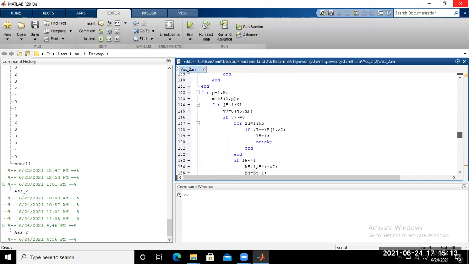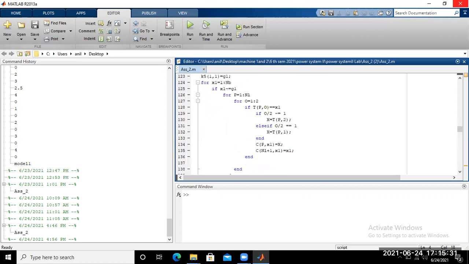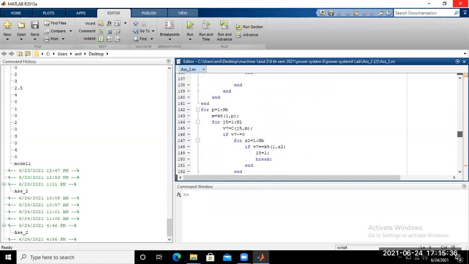Okay, so 1 5 equal to 1, so break, otherwise break the loop or the next one is your int. Okay, so if 1 5 equal tends to 1, that means number of 5 buses. Okay, number of 5 of buses started from 1 to number of bus.